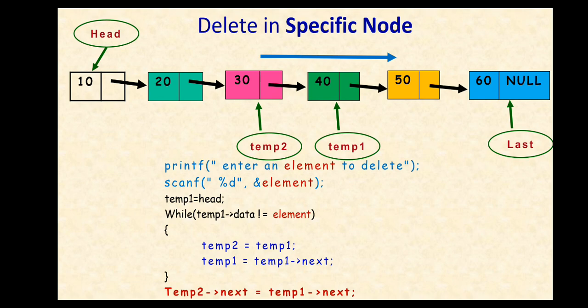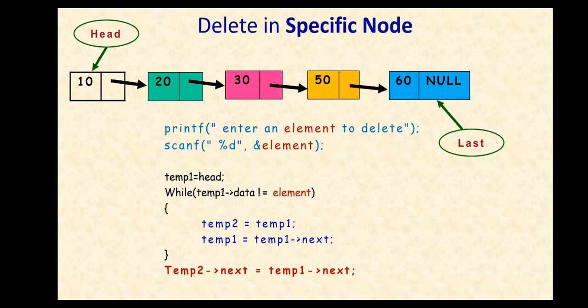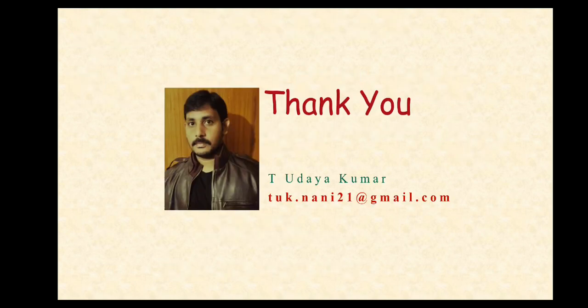So this is how we delete a specific node. So far we have seen 3 different ways of deleting nodes: one is deleting the first node, number 2 deleting the last node, number 3 deleting a specific node. This is the logic for that.